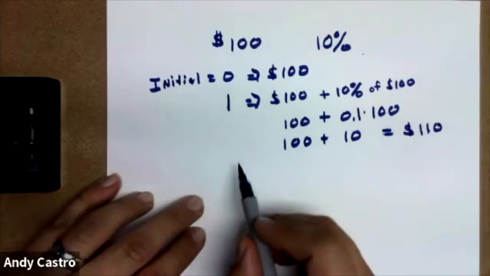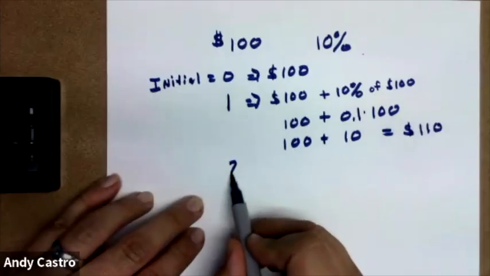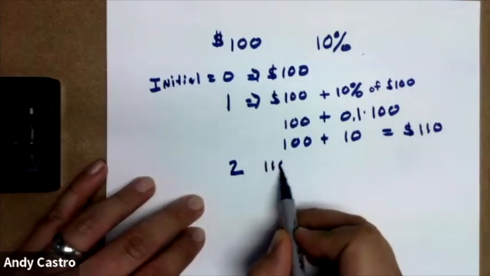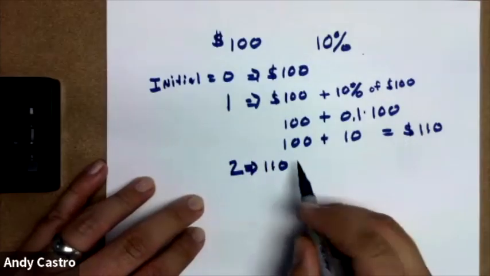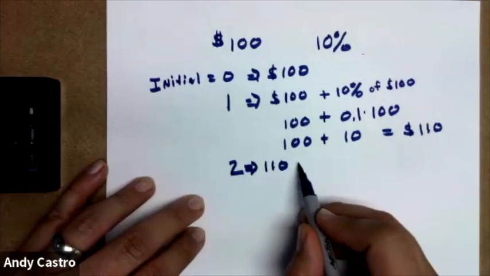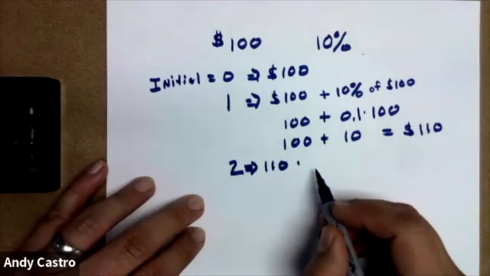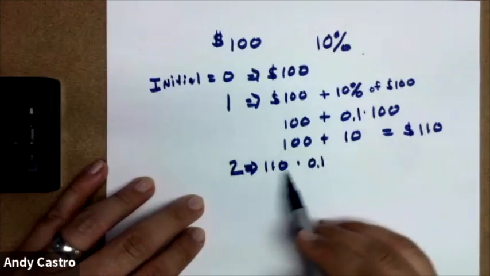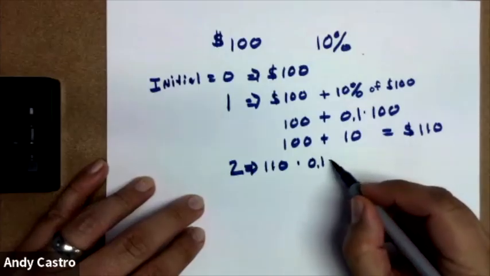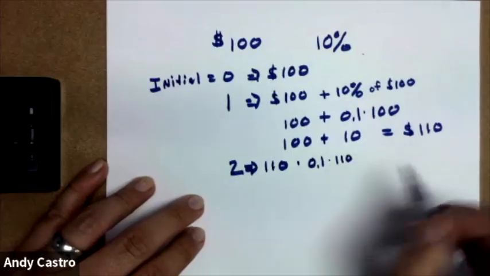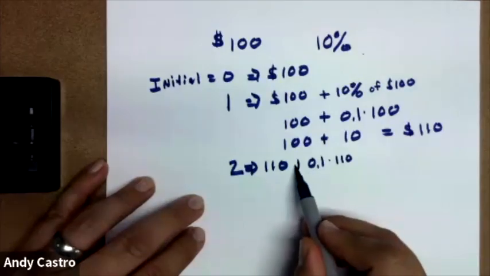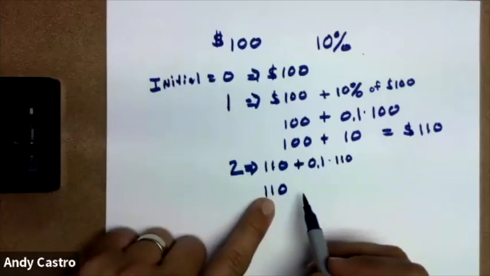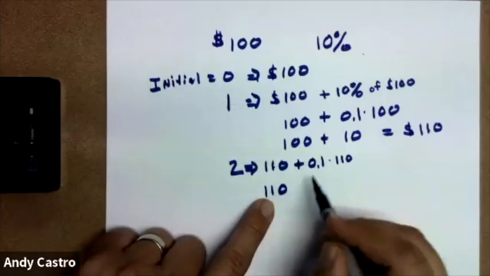All right, now let's say that we just leave this alone, okay? We go into year two. At the beginning of year two, I have $110. And then at the end of year two, it's going to go ahead and increase that by 10%. So that's 0.1 times however much is in there. So that's 110. Oops, it's supposed to be a plus. So $110 is what was in there at the end of year one, beginning of year two.